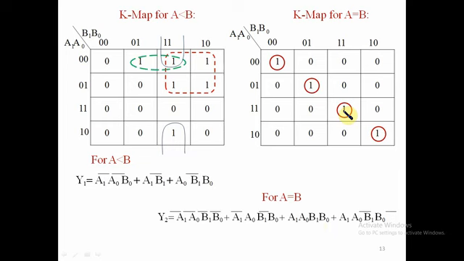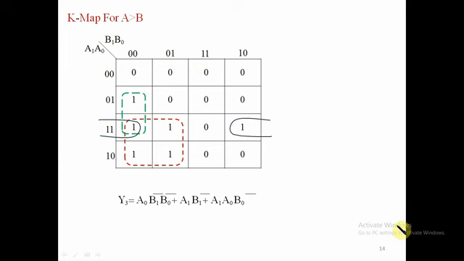Third one B1 B0 A1 A0. Last one B1 B0 bar A1 A0 bar.